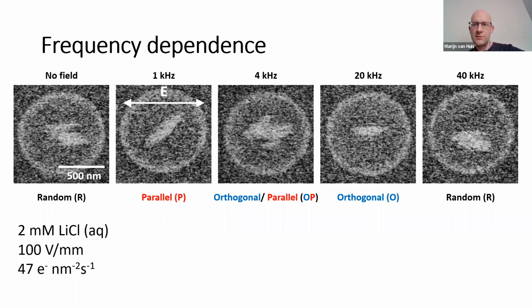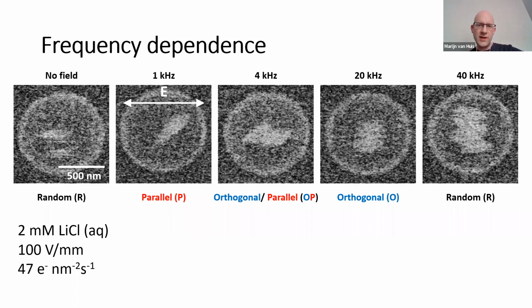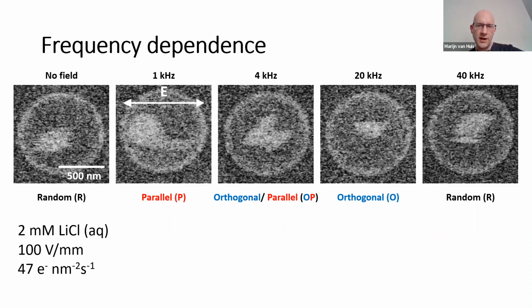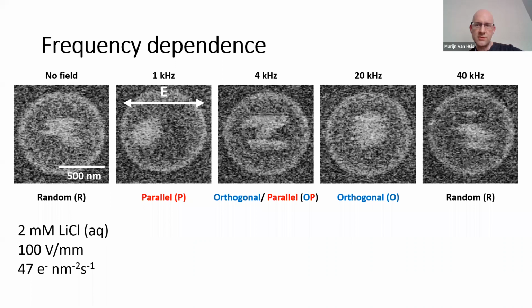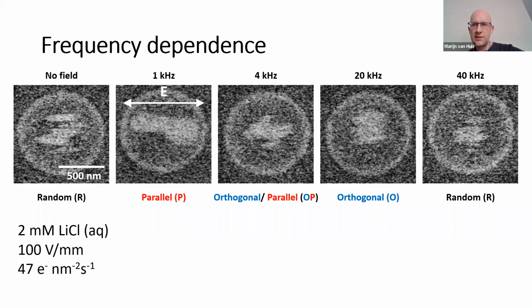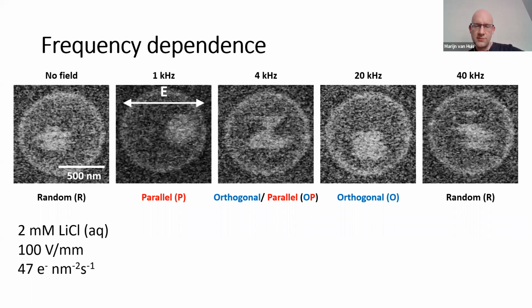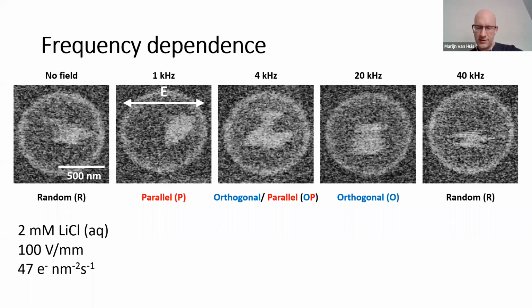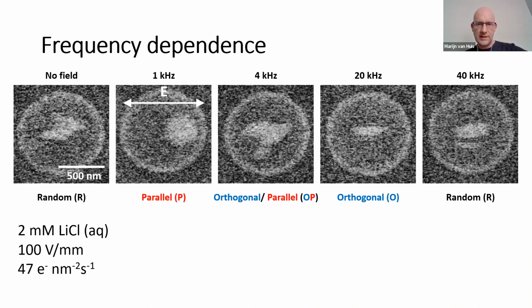Now, the reason that it becomes random at very high frequencies is because here the movement is regulated, is limited also by the ability of the ions to respond to the electric field. Okay, so if the electric field is switching too fast for the ions to move around, then at some point it becomes random again. Now, this is all very complicated, and the paper is in review at this moment. I will not go into details, but it is impressive.